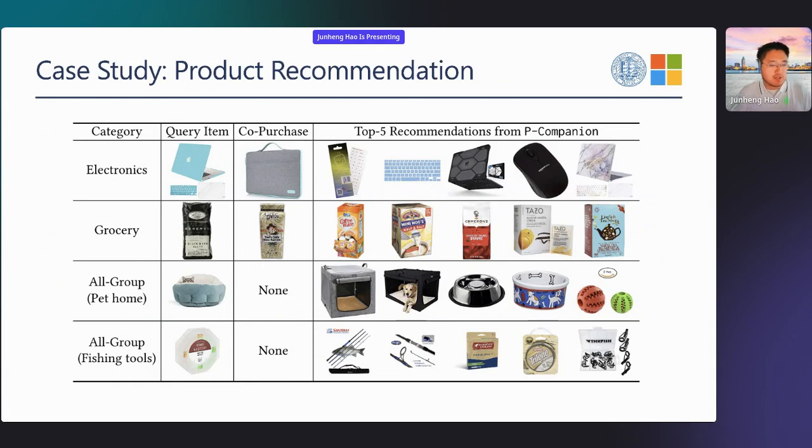Even for some cold start items, we can use this framework as long as we have the item features to get the initial embeddings, and also apply this item type recommendation and item specific recommendation. We can generate a lot of candidates, even for cold start items with few customer interactions.